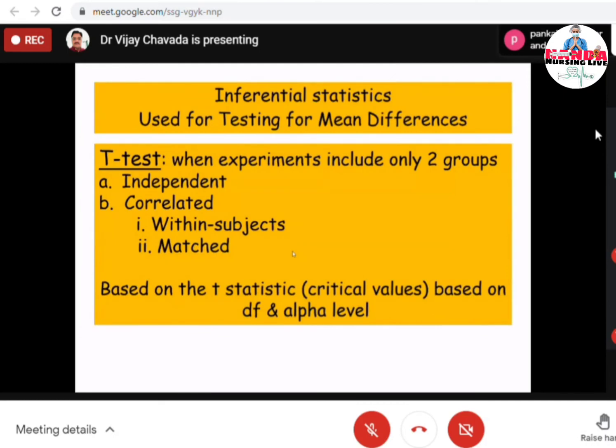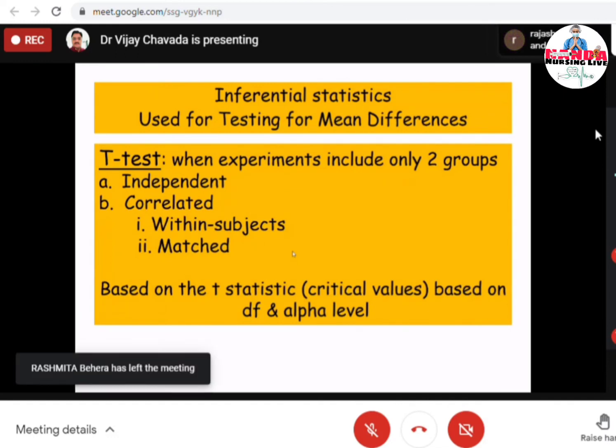First of all, for inferential statistics, you should know the different levels of measurement of data. There are 4 levels of measurement: nominal, ordinal, interval and ratio.